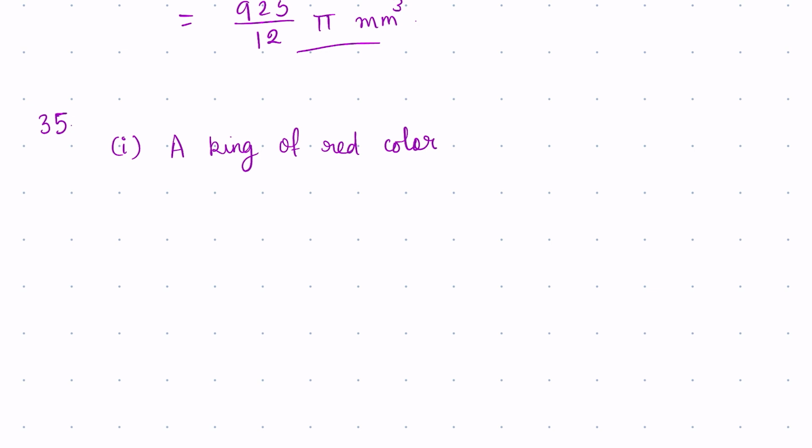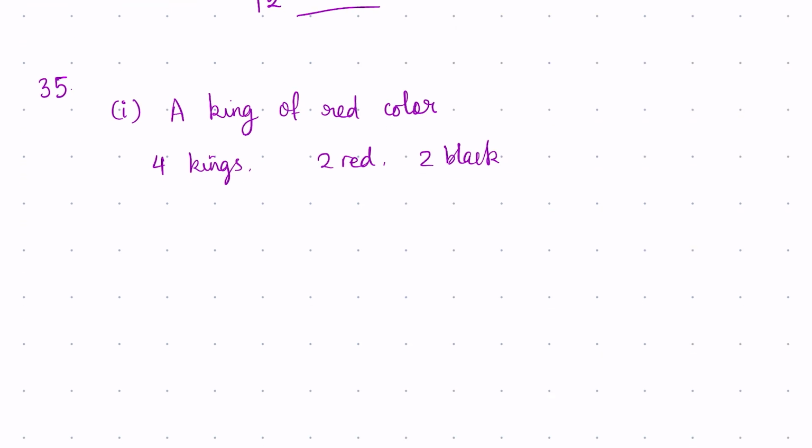In a deck of cards there are 4 kings, 2 red and 2 black. So if you draw a card from a well shuffled deck, the probability of getting a red colored king is, since there are 2 red ones, 2 out of how many cards are there? There are 52 cards. So this is nothing but 1 by 26.